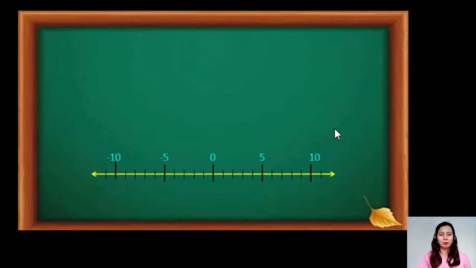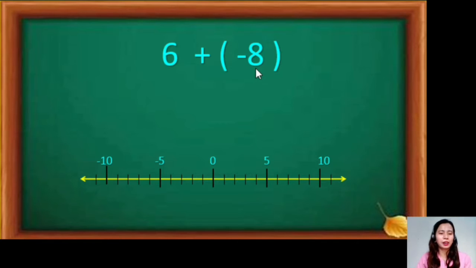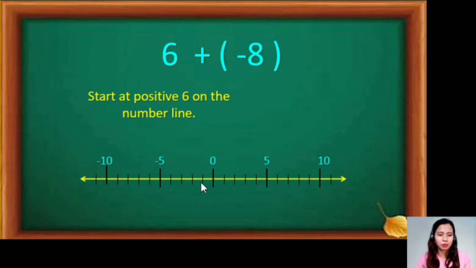Let's have another example. 6 plus negative 8. Again, let us locate first positive 6. From 0, 5, 6. Next, since that is negative 8, it means we're going to move to the left.